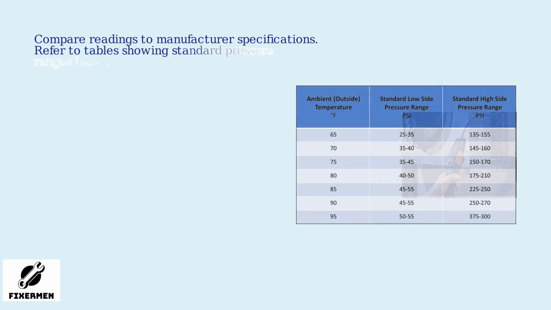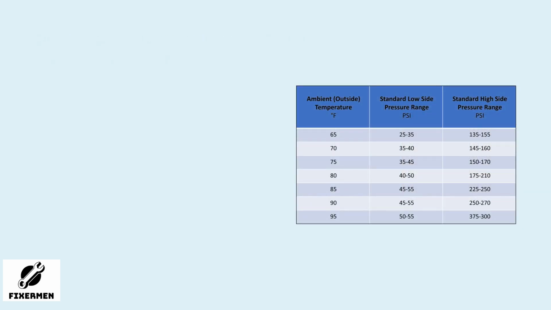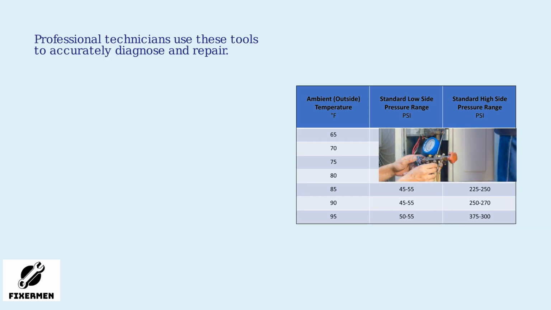Compare the readings to the manufacturer's specifications. Use reference tables that show standard pressure ranges for different ambient temperatures to determine if pressures are abnormal. If you're not comfortable working with refrigerant, it's best to call a certified HVAC technician. Improper handling of refrigerant can be dangerous and illegal.